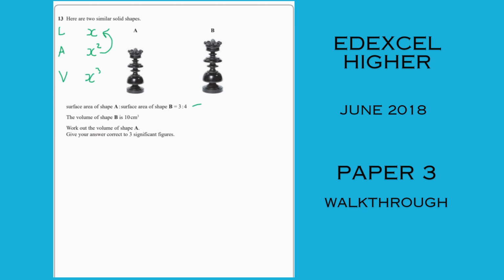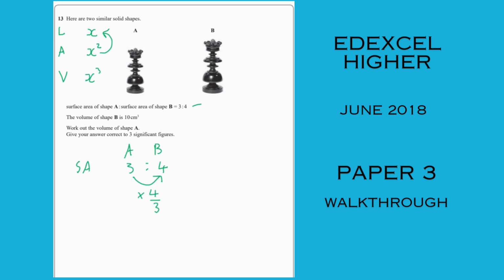You're told the surface area of A to B is 3 to 4. And that's surface area. So the multiplier to go from there to there is you times it by 4/3. 3 times 4/3 is 4. To work backwards, you divide by 4/3 and so on.